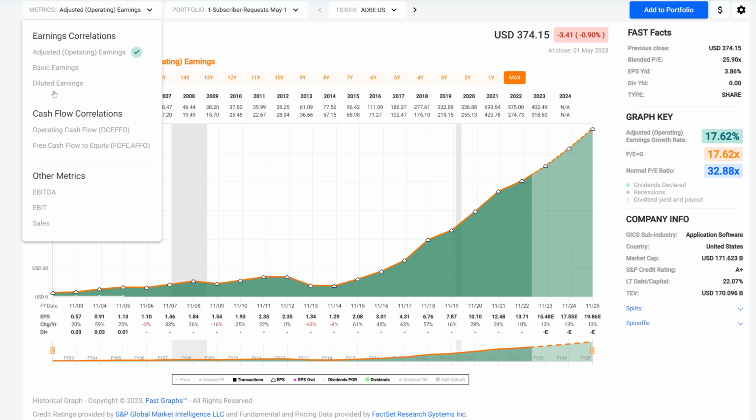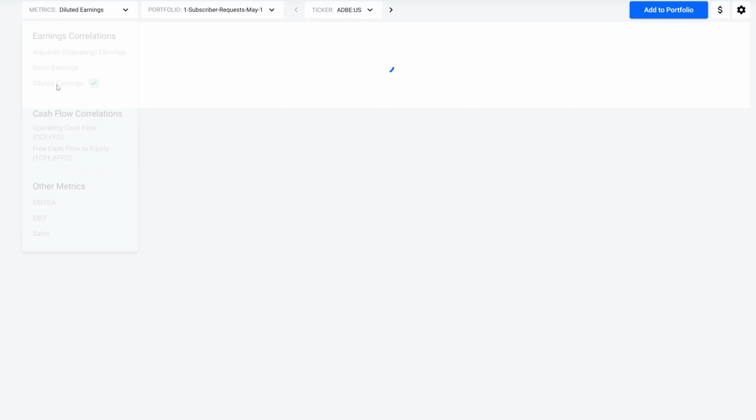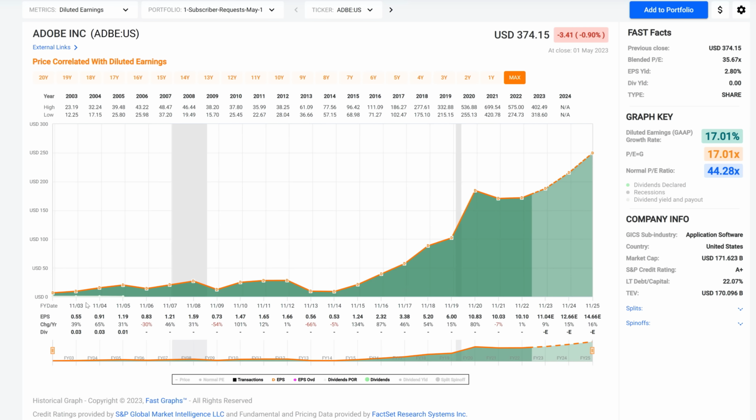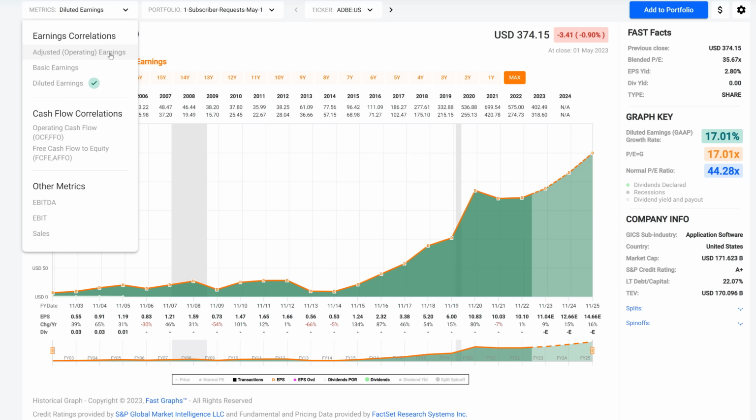But I also have available diluted earnings, which are GAAP, and I can quickly draw the chart there. And you can see there's a difference because these earnings contain accounting convention, one-time non-recurring charges, accelerated write-offs, if there were acquisitions or mergers. So it's more about accounting when you're using GAAP earnings and not quite as much focus on the operations of the business.